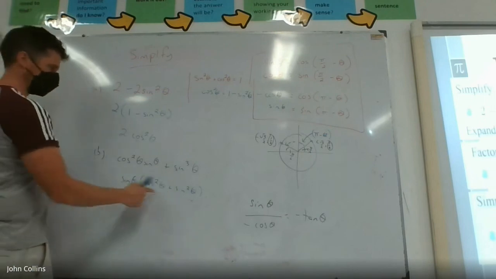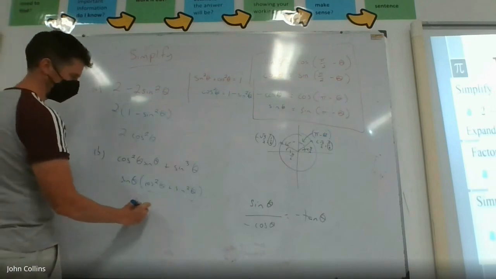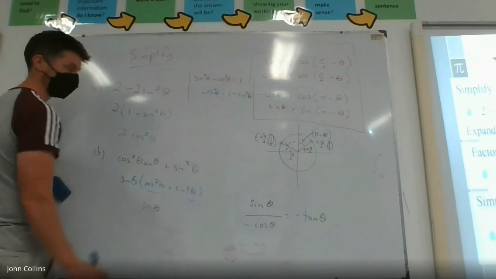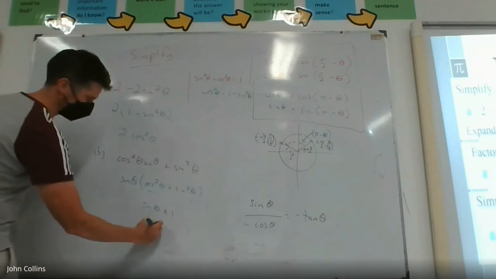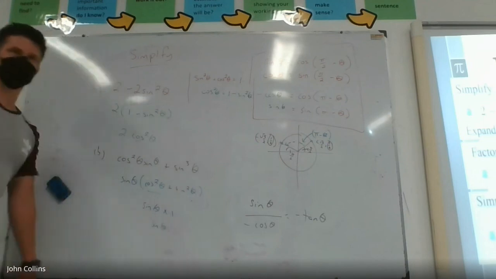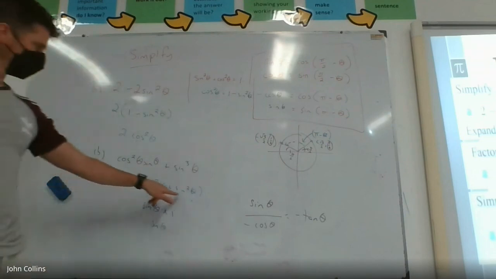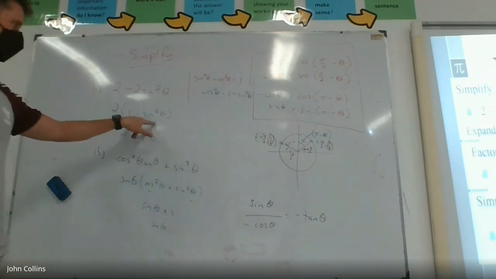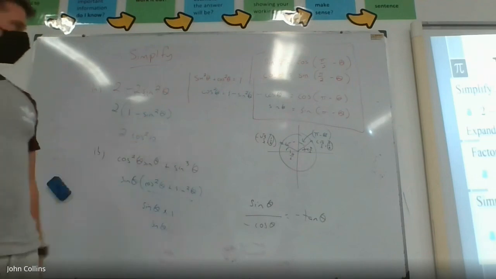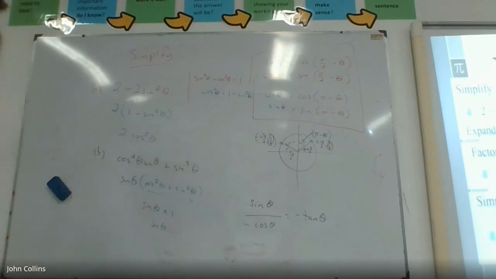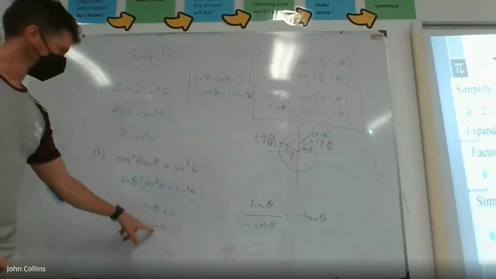So it's just 1 times sine theta, which is sine theta. Saying sine theta times 1 and then finishing it off with sine theta is okay. But you're looking to get this in some form. It's simplified, and that's a lot easier looking than that.